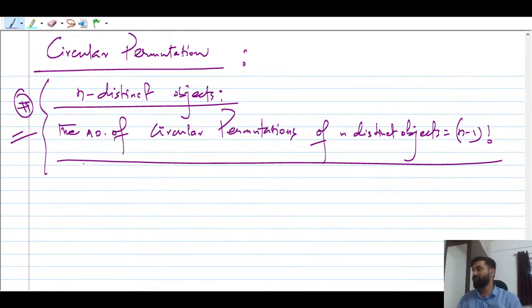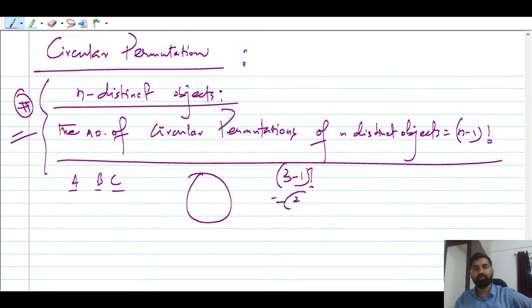So n minus 1 objects. Suppose you have three objects, A, B, C. All three objects are different. How many ways can you put them on a circular table? There will be 3 minus 1 ways, so 3 minus 1 factorial, that is 2 factorial.